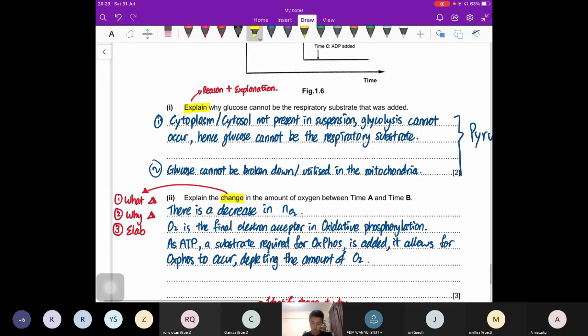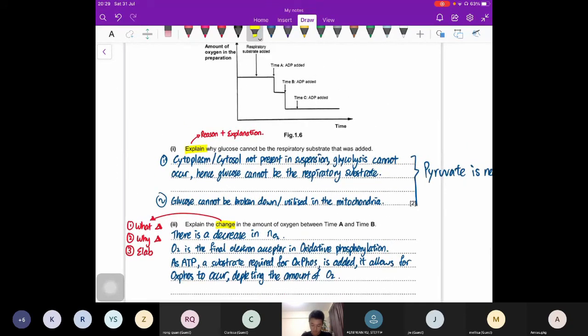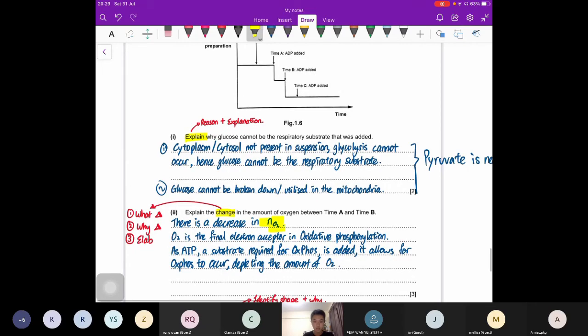So the first thing, state. If you look at the graph between time A and B, the change is the decrease in amount of oxygen. Why? Because oxygen is your final electron acceptor. See how in all the answers we are going back to the idea of how O2 is your final electron acceptor in your oxidative phosphorylation.